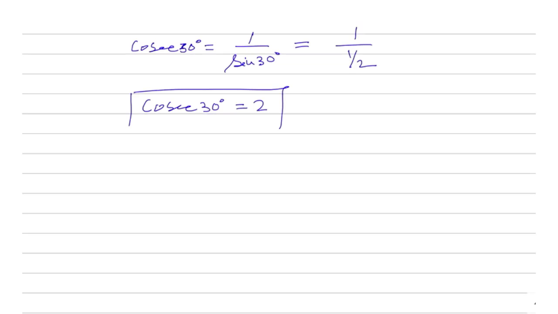And cosec 30 degree is equal to 1 upon sin 30 degree, which is equal to 1 upon 1 upon 2. So we have cosec 30 degree is equal to 2. Sec 30 degree is equal to 1 upon cos 30 degree.